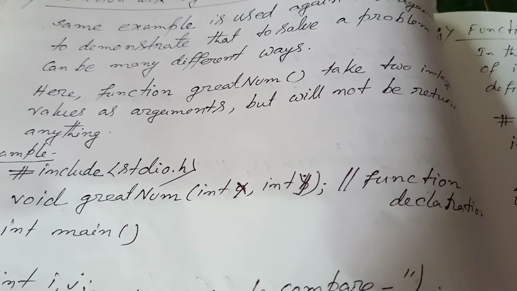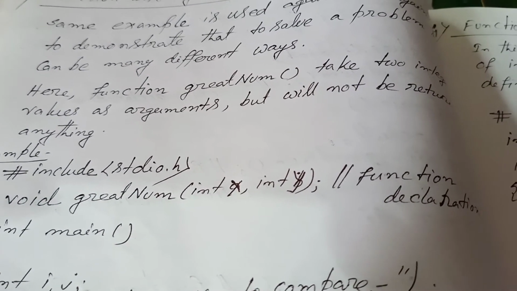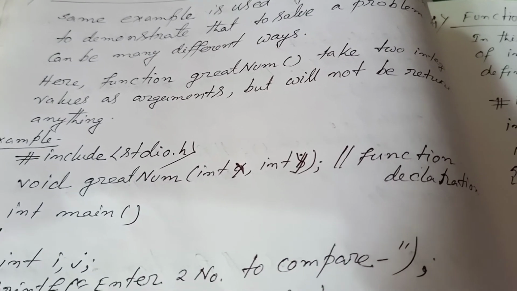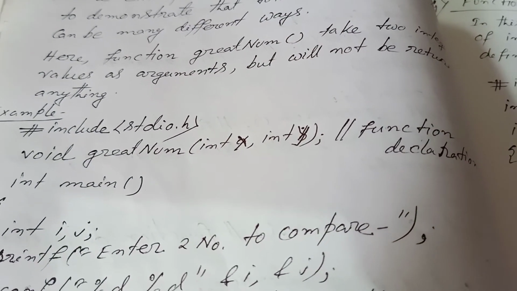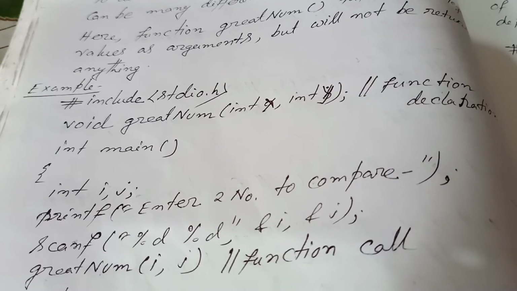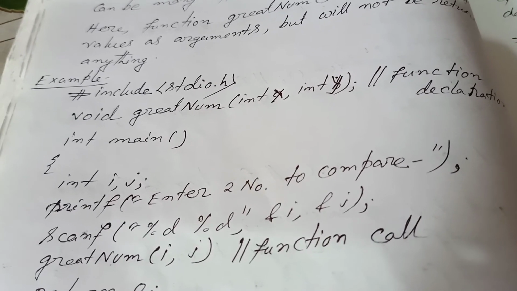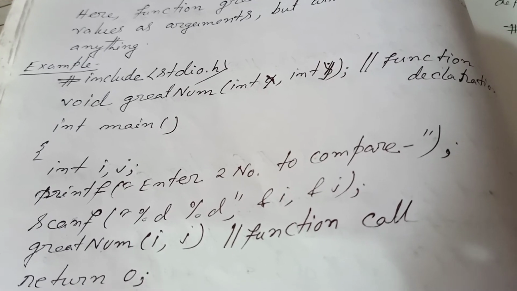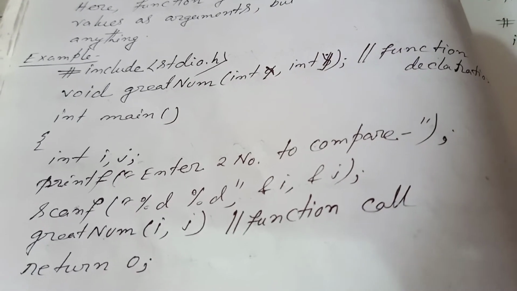So here the function greatNum takes two input values as arguments, but will not return anything. In this example, it starts with include stdio.h, void greatNum with the arguments int x, int y. This is the function declaration.